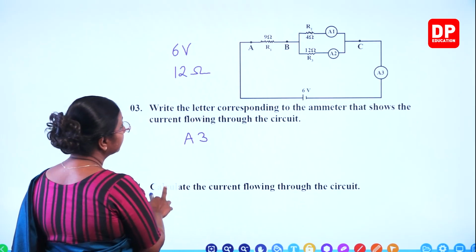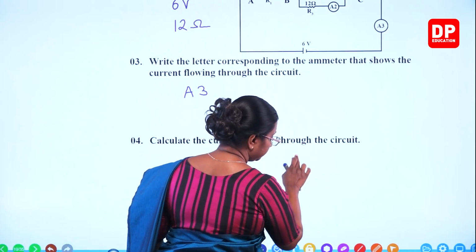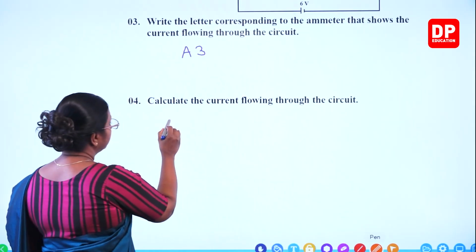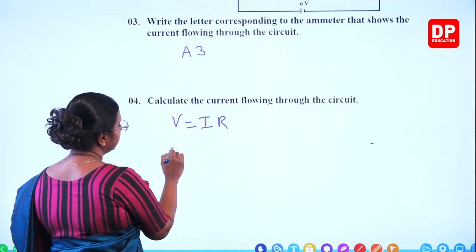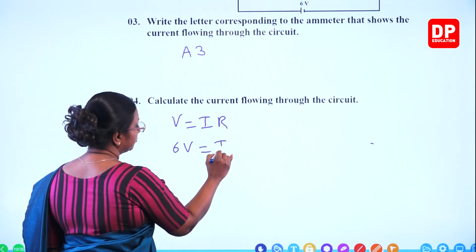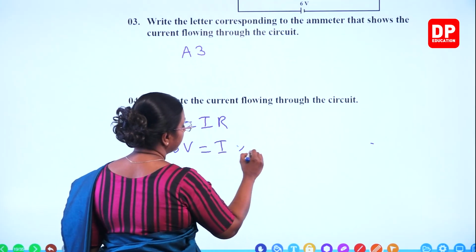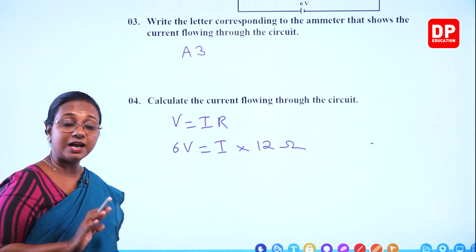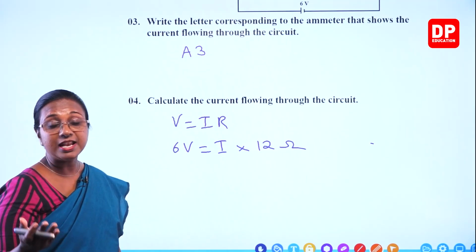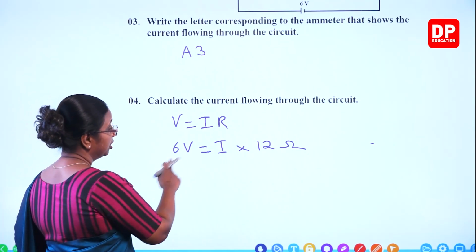So to calculate the current flow, V equals IR. Like I said, V is 6 volts, we need to calculate current, and R is 12 ohms. You can substitute and make I the subject, or you can rearrange and do the calculation.